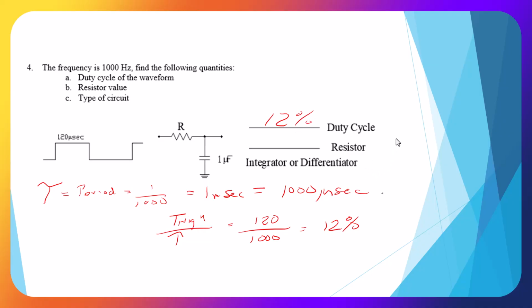And our formula for our resistor is R equals 10 times the pulse width over the capacitor. So R equals, our pulse width is 120 microseconds times 10 divided by 1 microfarad, and we work out the calculation, and it should come out to 1.2 megohms.